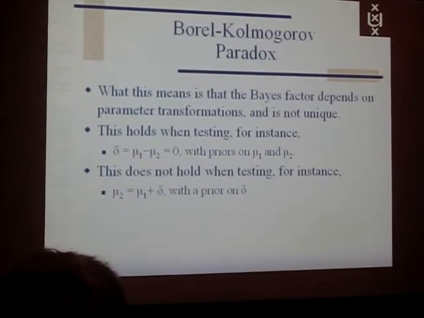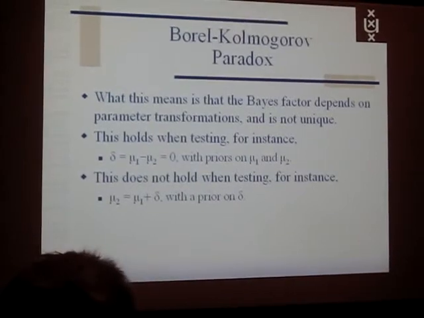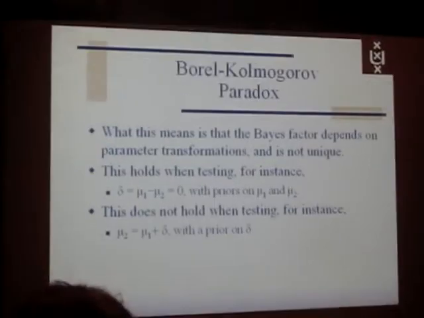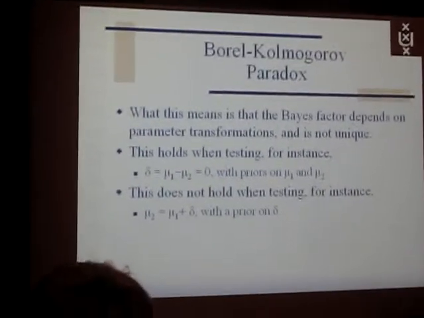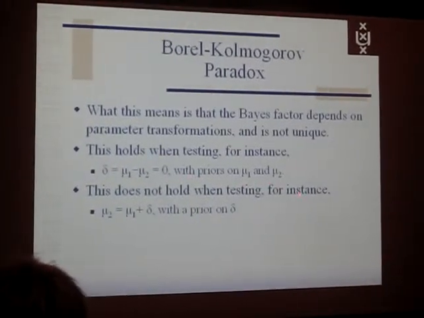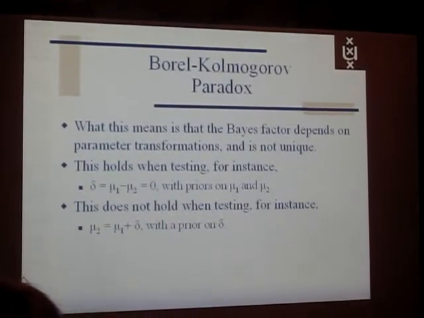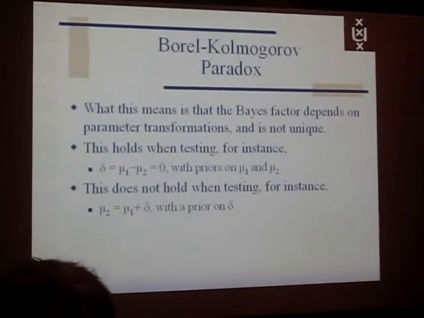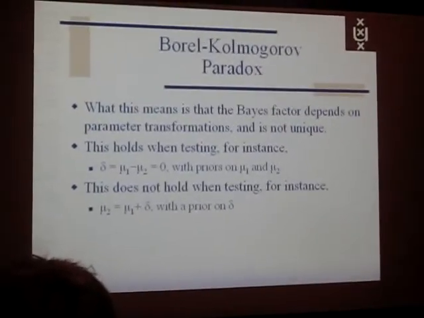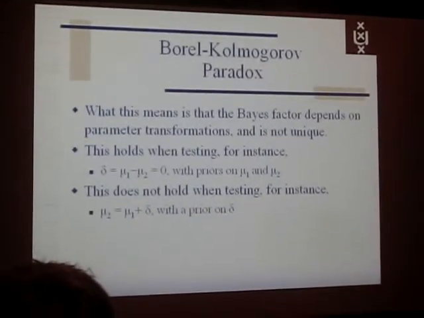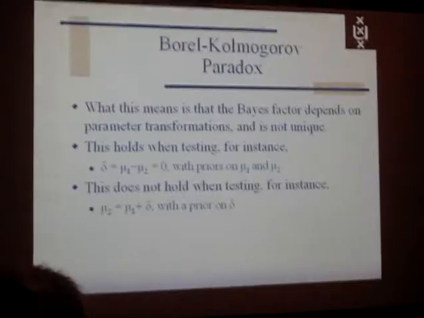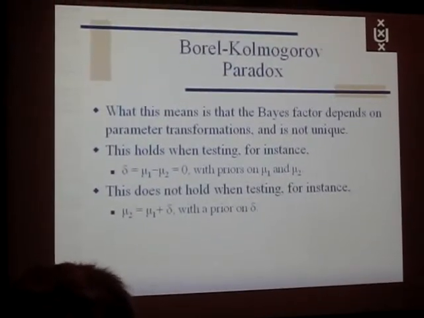If you then start transforming mu1 and mu2, you run into this problem. However, luckily, if you put a prior on delta and formulate your model like this, then you can transform delta all you want, and the result will be the same. It is not a solution to this deep paradox, but it is a way of dealing with it.